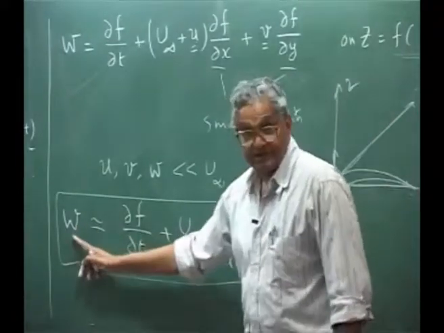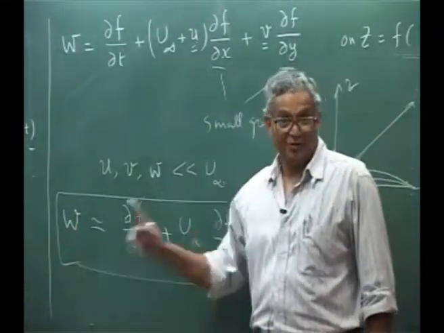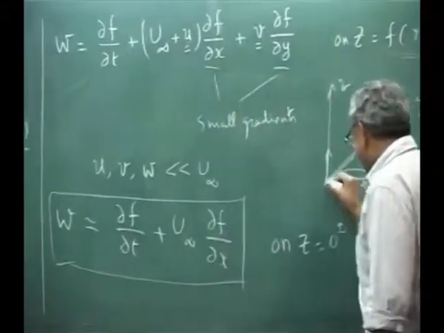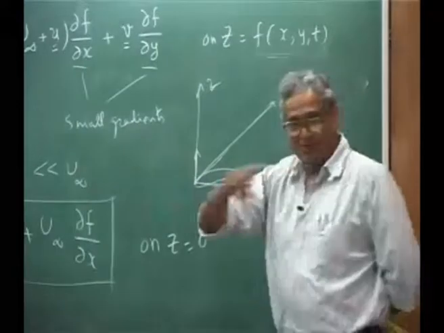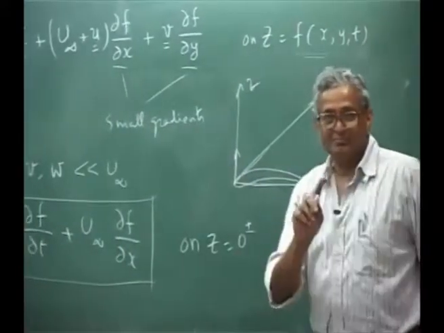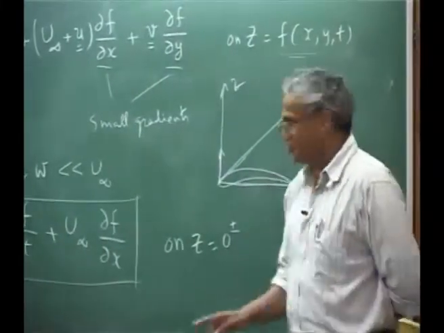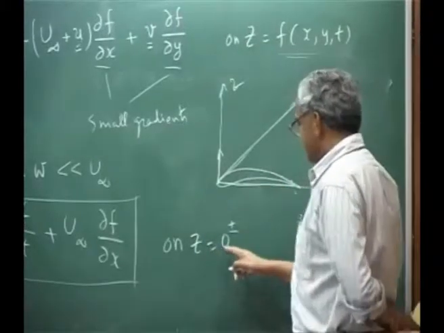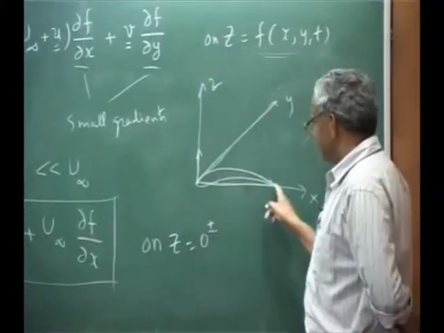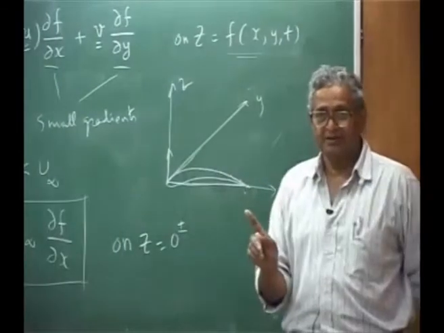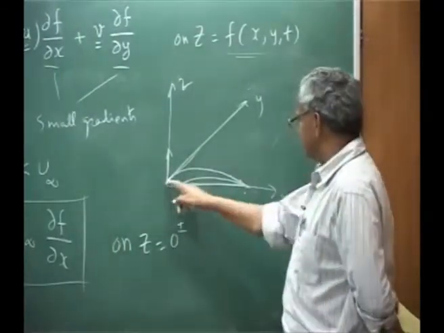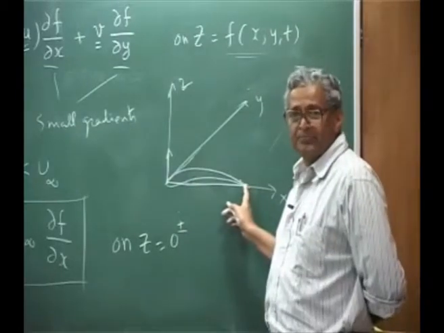W is the flow velocity, please understand. W is flow velocity everywhere, but we are matching the flow velocity to the surface on z equal to 0 plus minus only along the chord and the wingspan, that is all. If it is a 3D problem, it is a wingspan. If it is a 2D problem, it is only chord.